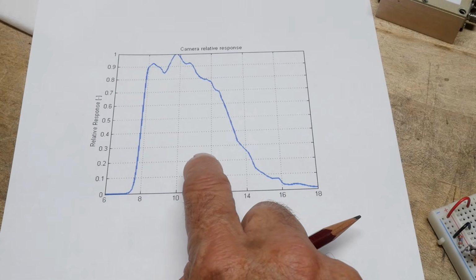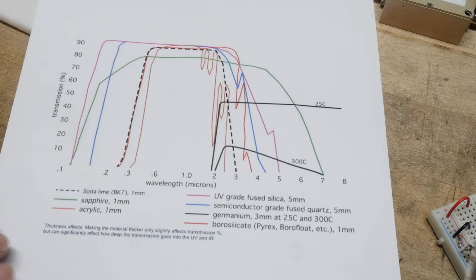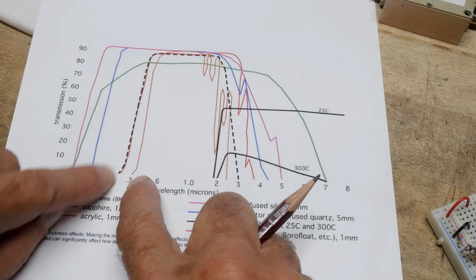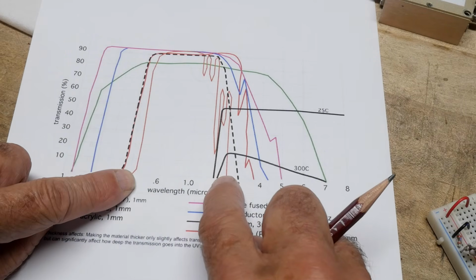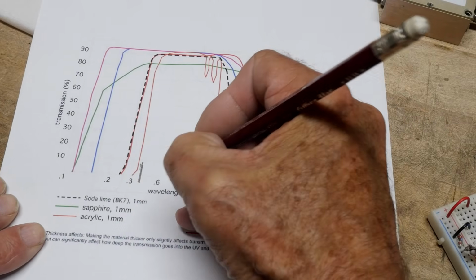Okay, so let's take a look at some glass, because that's what camera lenses are made out of, right? So here's some different types of materials for lenses. Here's 300 microns. Here's 0.3 microns. Here's 2 microns. So the visible wavelength range is between here and here.